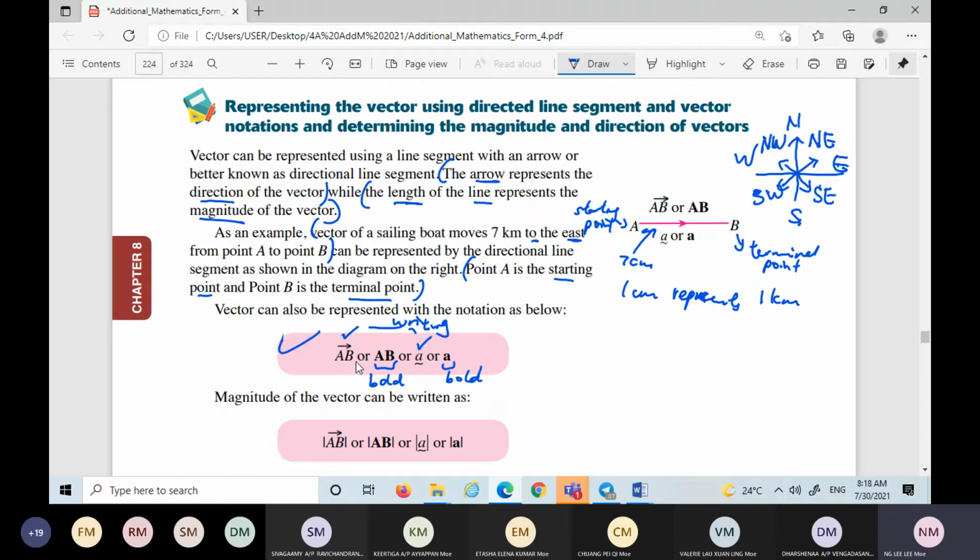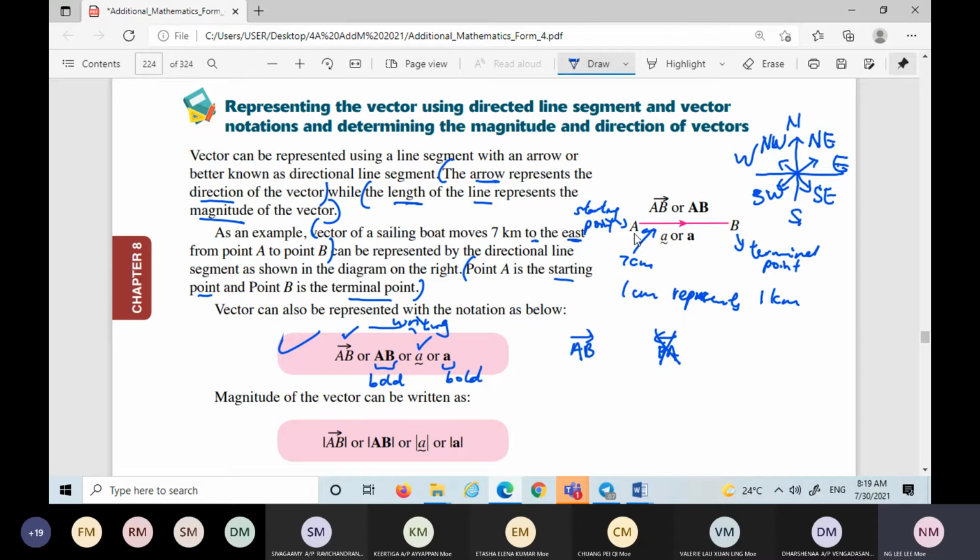So AB, you have to be careful. When this is from A to B, you write AB, and the arrow is this way only. For vector notation, the arrow on top of the letters is never towards the left. It is always towards the right.